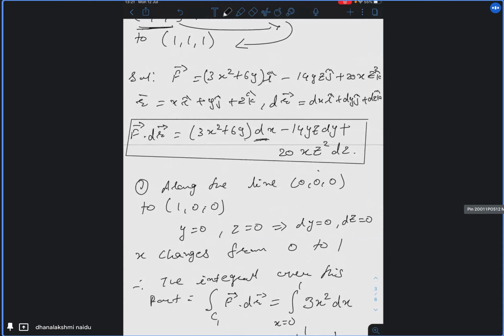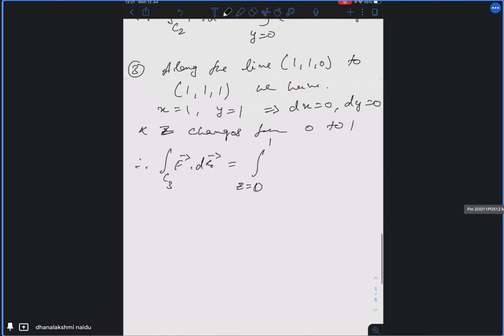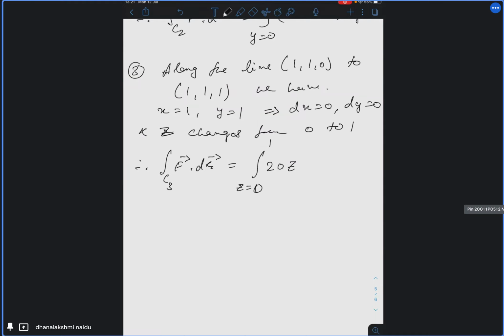So dx 0, dy 0, so all terms 0. Last term you will have 20, x value is 1, z square. So 20 z square dz. So this will be equal to 20 by 3 on simplifying. Z cube you will get upper limit 1, so 20 by 3.